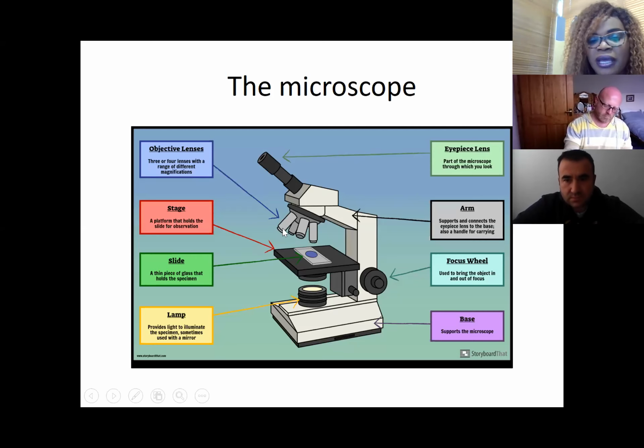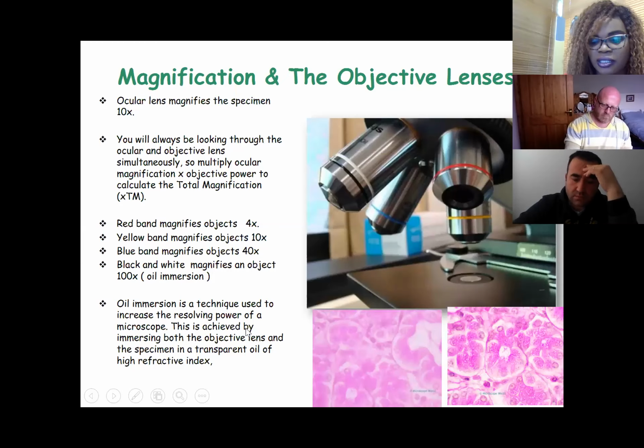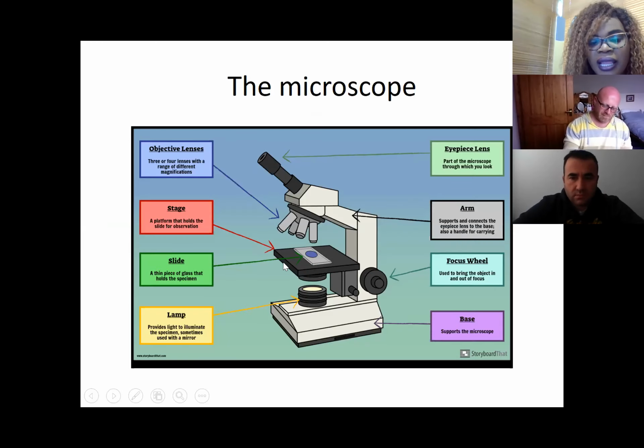When you look at them in the lab, you have times 4, times 10, times 40, and times 100. You have the arm, where you use a lift. You have the focus wheel, which moves the stage up and down. Then you have the base, and the lamp that throws more light into it. And this is a slide we're going to observe, and this is the stage.